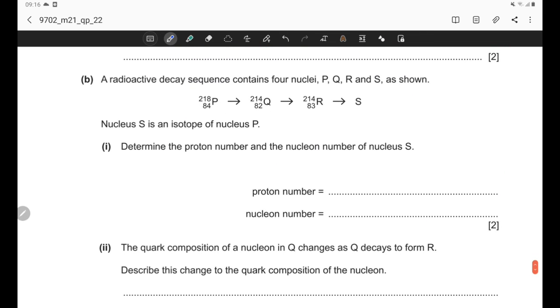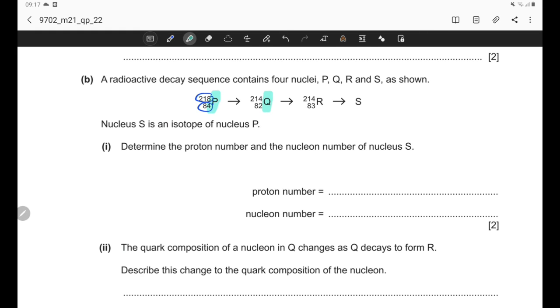Part B, a radioactive decay sequence contains 4 nuclei P, Q, R and S as shown. So initially we have an element P. Its atomic number is 84 and mass number is 218, which undergoes a radioactive decay and a new product is formed.